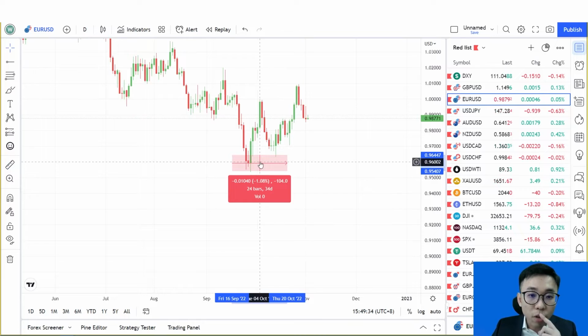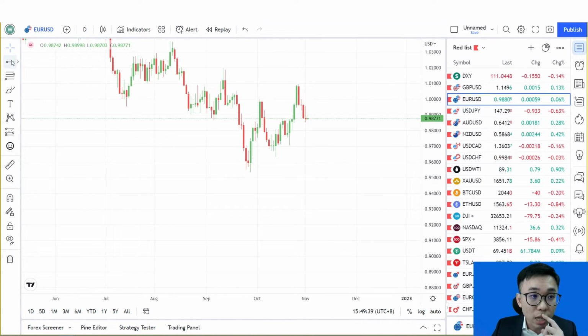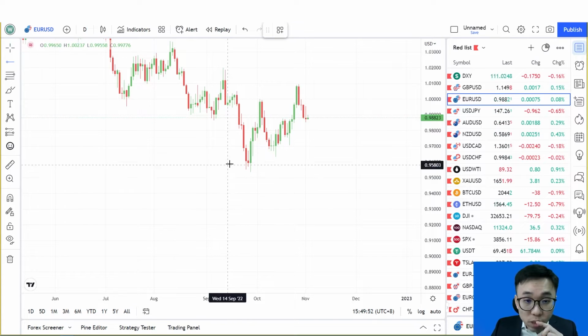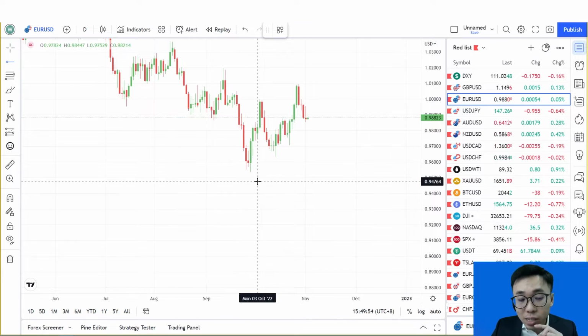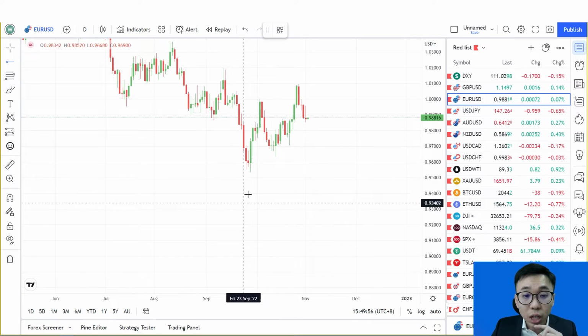0.9590. However, whenever it tries to break out from this level, you can actually see that it has formed a few candlesticks with a longer shadow in between one another. So this price action right here actually shows that the force pushing it downwards is lesser than the force that is pushing it upwards.